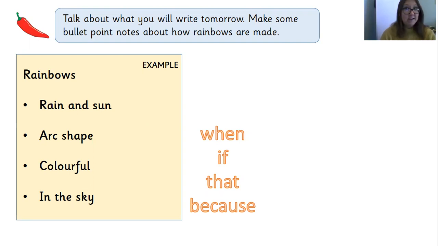Remember, we're not writing the whole sentences today. We're thinking about what we want to write. So I thought about, I want to use the words rain and sun in a sentence, arc shape, colourful, and in the sky. And that's all I need to do to get ready for my writing tomorrow.